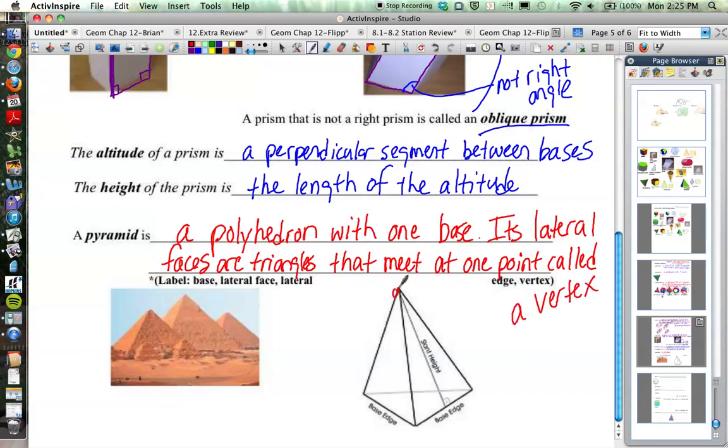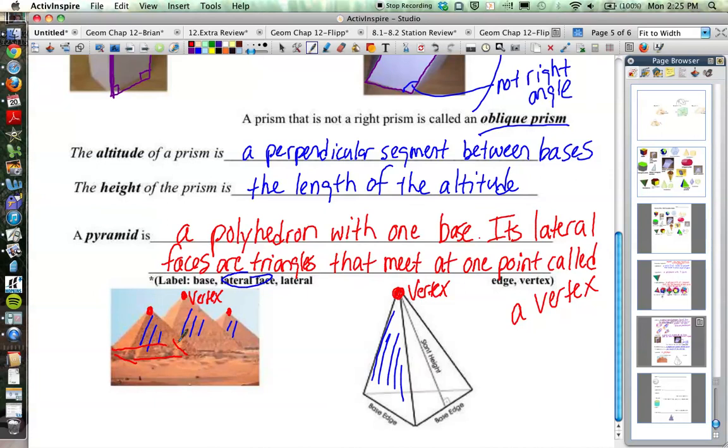Okay, so we've got a vertex here, so there's our vertex. All of the lateral faces are meeting at that one point. So here are the pyramids in Egypt, and so those are the vertices. And then you've got the lateral faces, of course, which are the faces on the side. If it's oblique, then it's kind of tilting, but the lateral faces are the ones on the side. And then the base will be the polygon that it's sitting on.